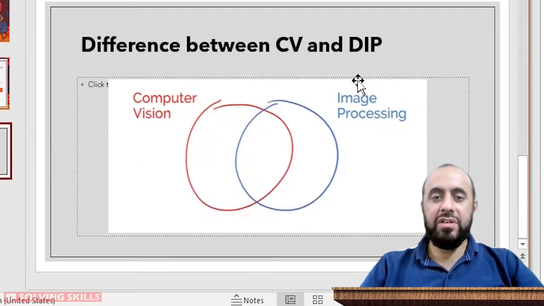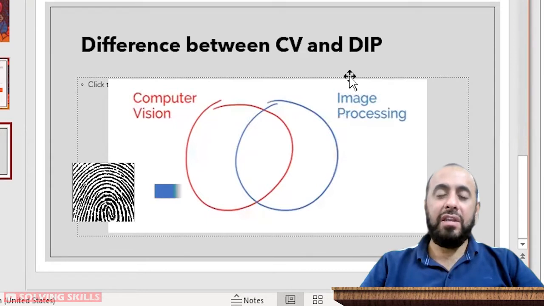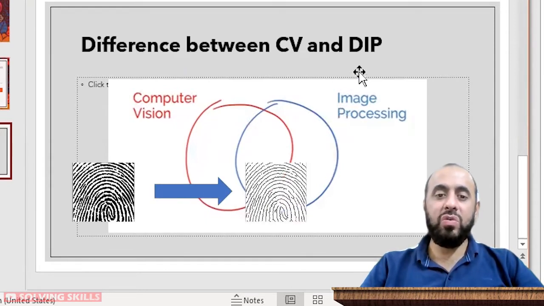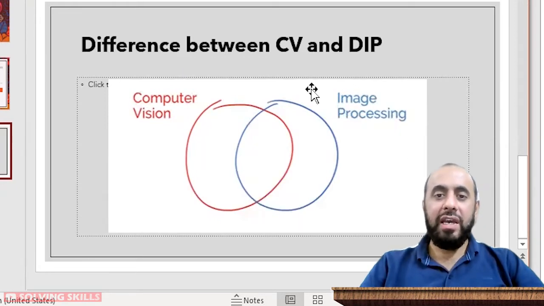On the other hand, the image processing domain lets us take an image and transform it into another image which may look better than the original image or which may have different appearance or different properties as compared to the original image. And sometimes there are areas where both of these fields overlap.